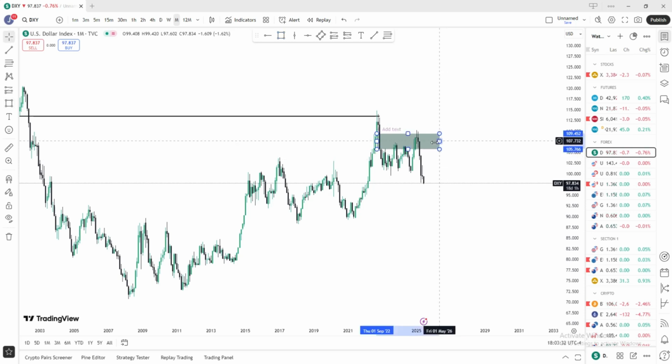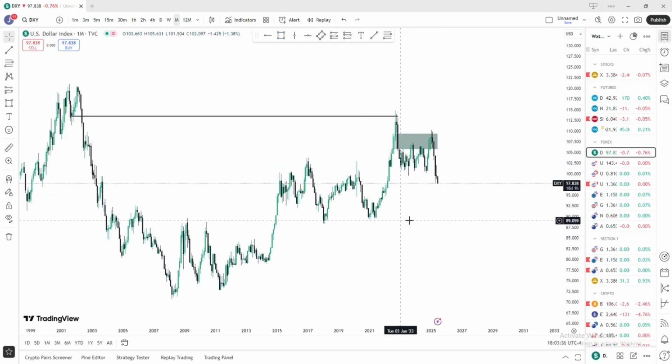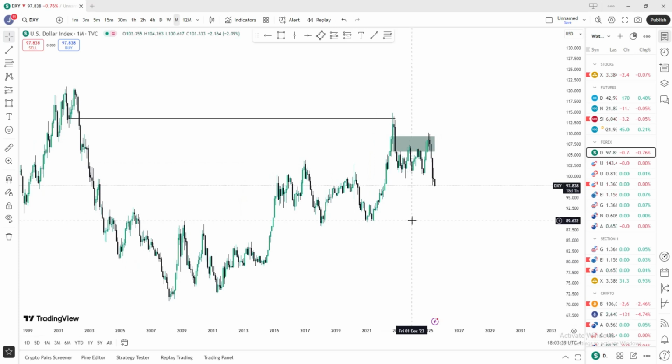You can see that. And market always moves to attack swing lows or swing highs. So we believe that this is where liquidity resides, and the market is coming down to this level right here.